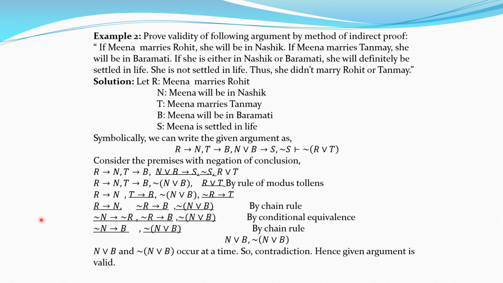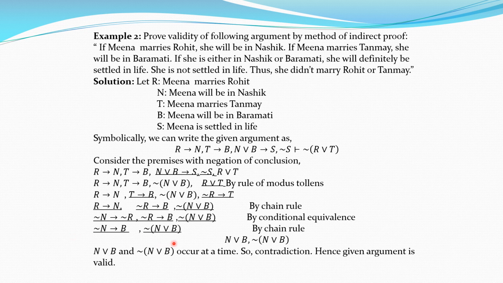Again, R implies N is logically equivalent to negation N implies negation R. Then this is negation R implies B and negation of N or B. Again by using the chain rule we get negation N implies B, and this is the negation of N or B. Now this is nothing but N or B, because N or B and negation N implies B are logically equivalent.